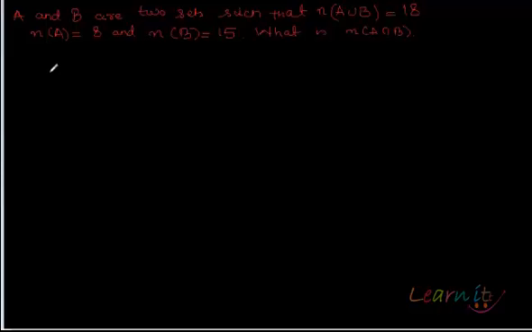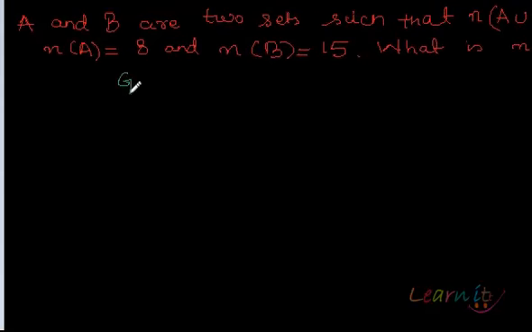In the following question, we are given two sets A and B such that the number of elements in the union of the two sets is 18, and individually the two sets have the following number of elements. A has 8 and B has 15. So what are we given?